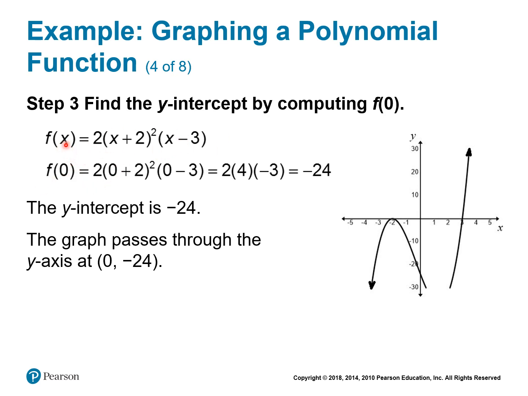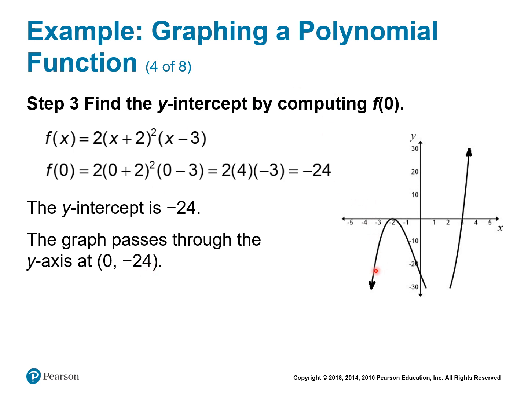They have replaced x with 0, wherever there was an x in the function, and we got a value of -24. That means the graph will cross the y-axis at -24, somewhere between -20 and -30. So that's where the y-intercept is. The graph passes through the y-axis at 0, -24.